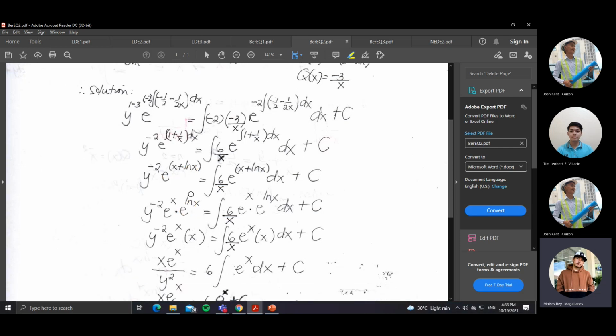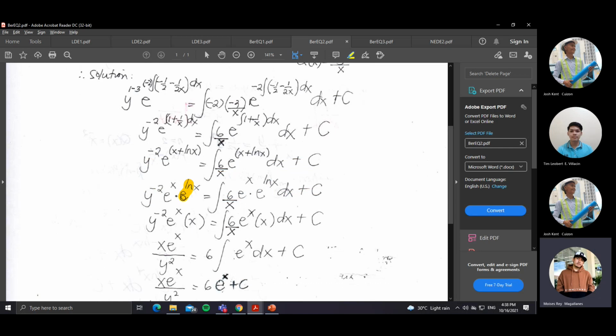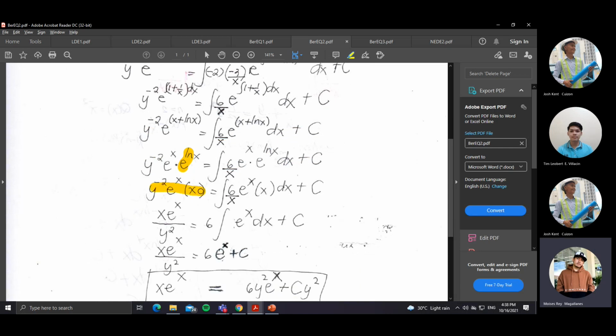Since there is an ln here, we can remove it. We copy this since we haven't solved that yet, and then cancel. So our answer is y raised to the power of negative 2 times e raised to the power of x, and then just x here. So that is reflected here.